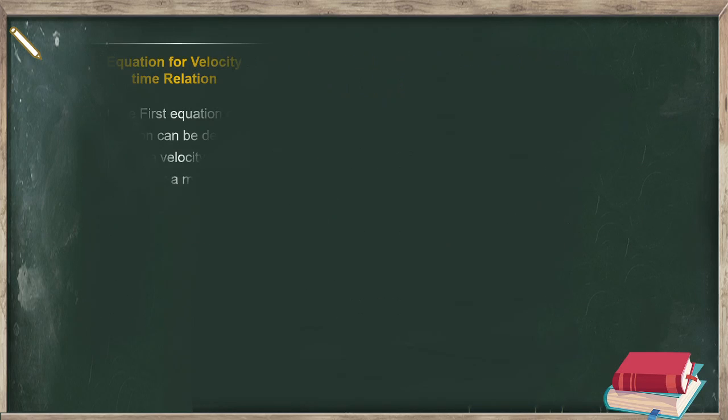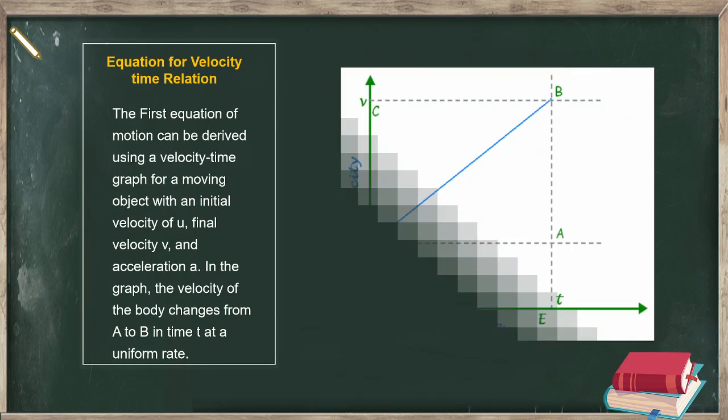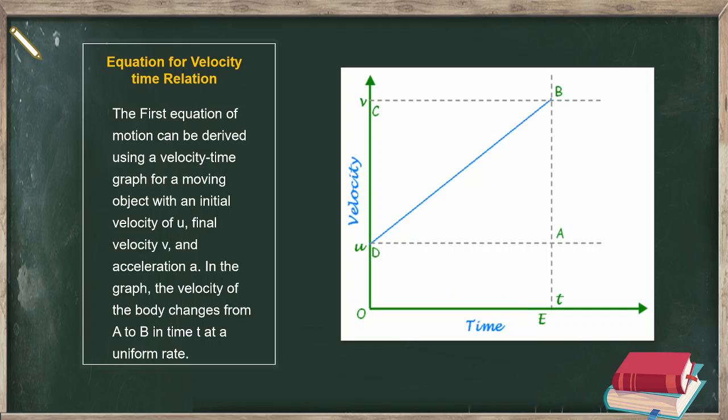Let us go for the derivation of the equation for velocity time relation. Consider the velocity time graph of an object that moves under uniform acceleration as shown in the figure. From this graph, you can see that the initial velocity of the object is u and then it is increasing to v. In time t, the velocity changes at a uniform rate a.